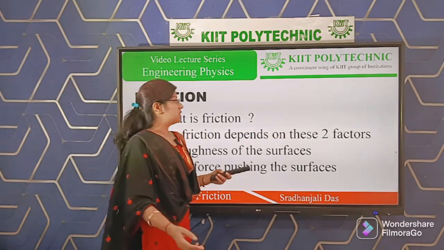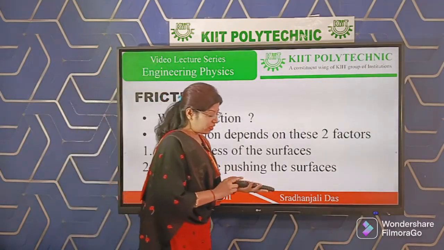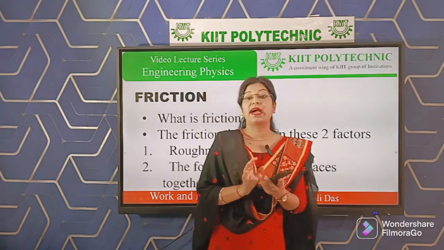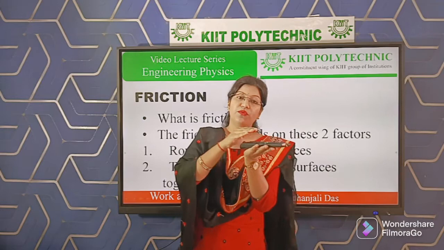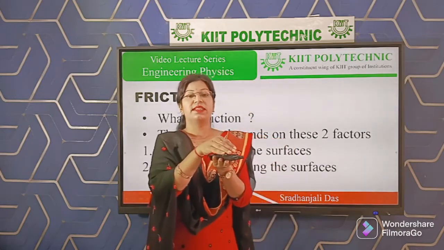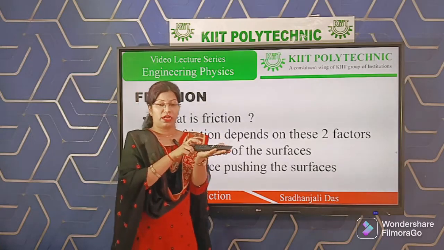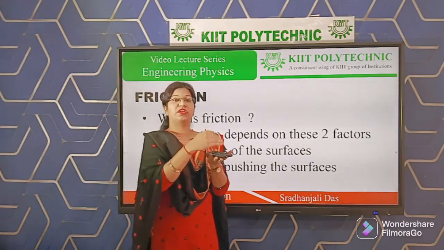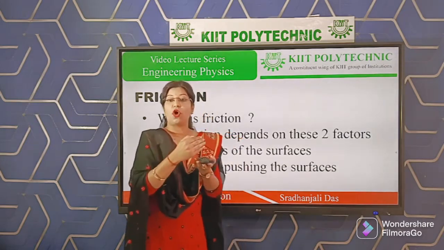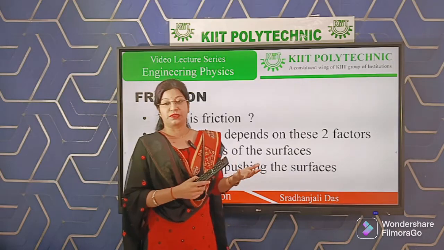So we discuss what friction is. Friction is absolutely a contact force. When a body moves over another surface, then what happens? A force develops. When one body moves over another surface, a force of friction develops, which is the opposing force known as the force of friction.